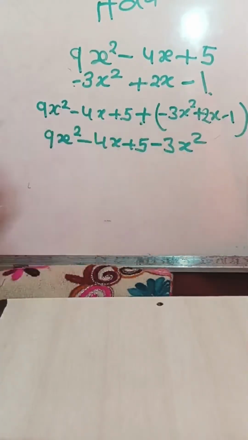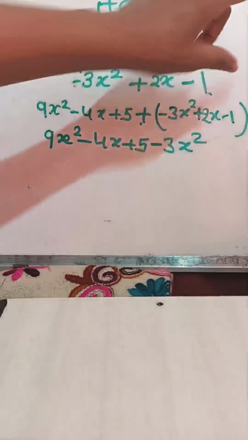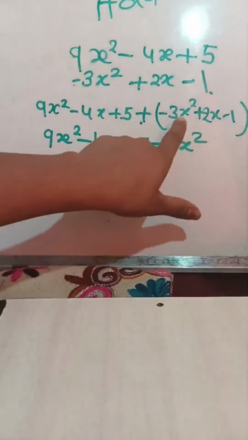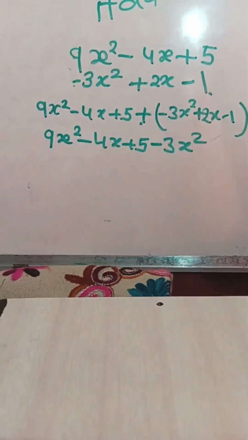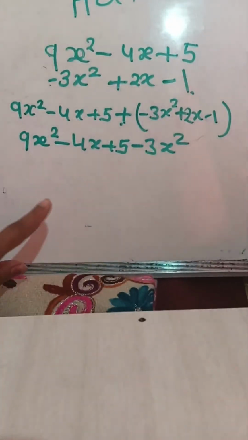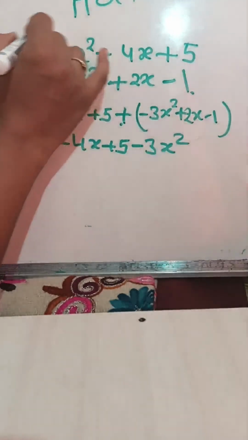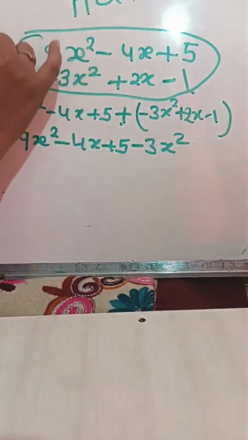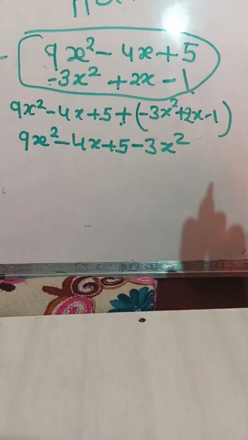Here we have a plus sign, so we write all the signs as they are without changing the internal signs. If we have a minus, then we'll change the sign. I will explain that when we do subtraction. First we are adding these two expressions.